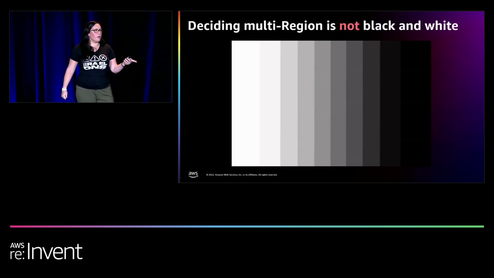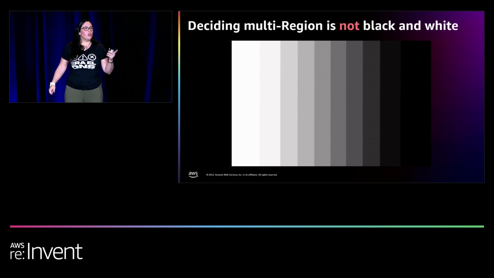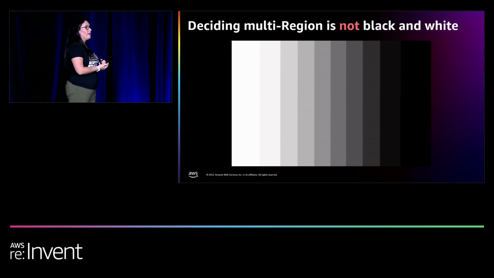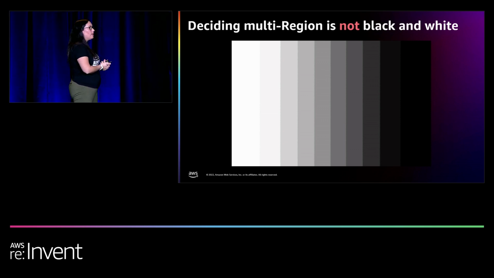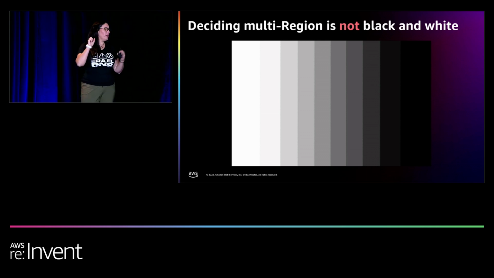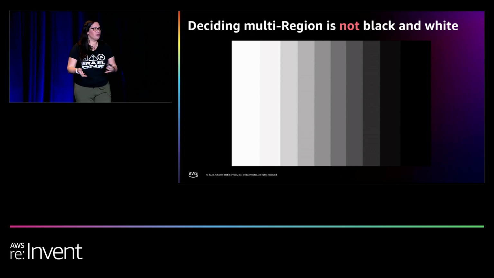So remember, deciding multi-region is not black and white. I heard one story from a solution architect who told me that sometimes a customer approached them and said, hey, we have gone multi-region, but this is painful. We don't know what we have done. Please, can you see what we have done and help us?